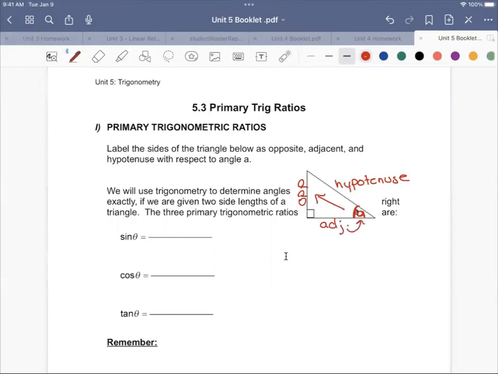So when we are looking at primary trig ratios, this is where we're starting to learn about what's called SOHCAHTOA, which we're going to use to help us memorize those.